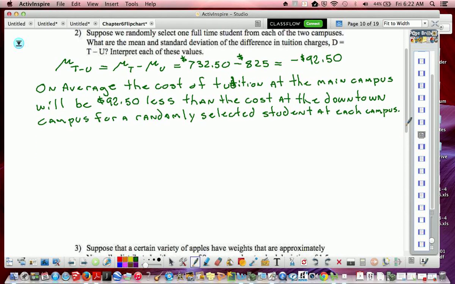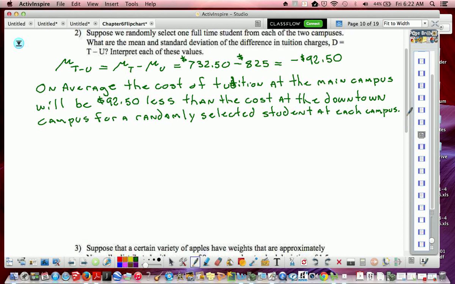So if I were to randomly select two students, the average difference in the cost of those two tuitions is going to be $92.50, but we want to say the main campus is going to be $92.50 less. If you said the downtown campus is $92.50 more, that would also be a correct interpretation.